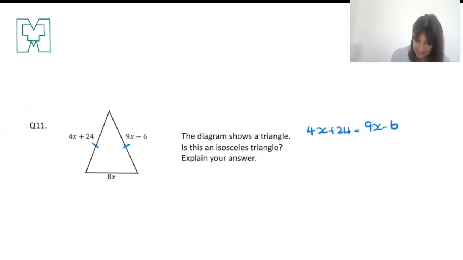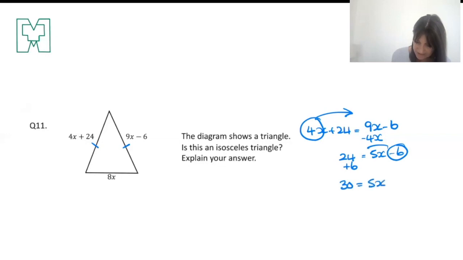Now, I want to obviously get x on its own. So I'm going to be taking off the 4x, leaving me 24 equaling 5x minus 6. Add the 6 on here, and you've got 30 that side, 5x that side. Divide through by the 5, and your x is equal to 6.